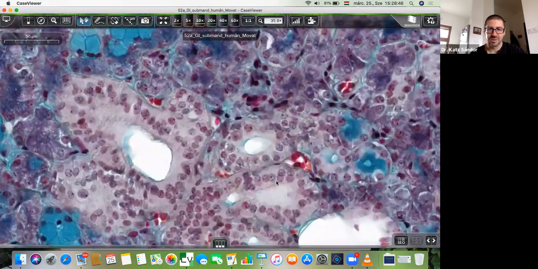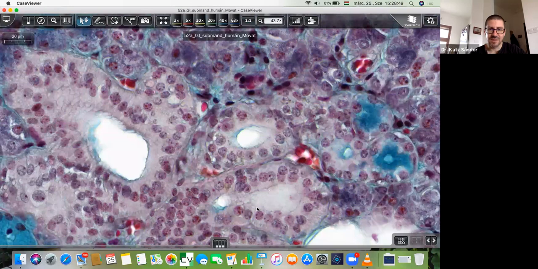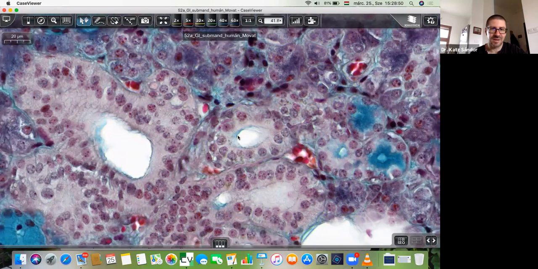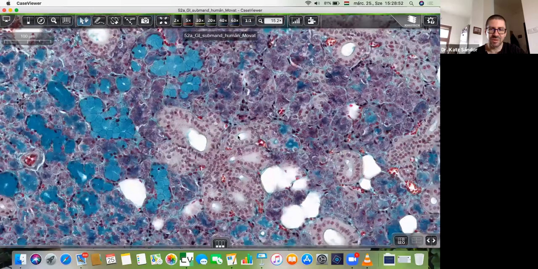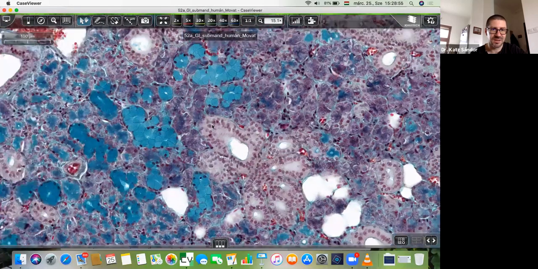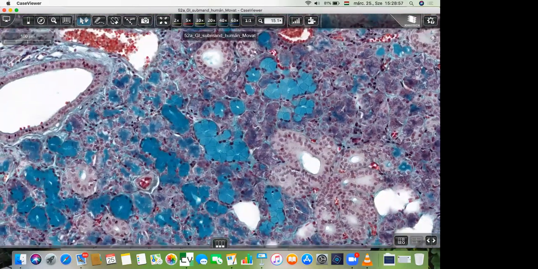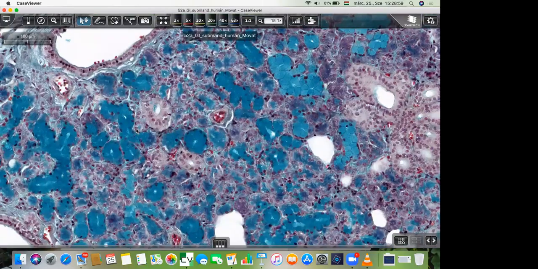So striated ducts are mainly visible; the intercalated ducts are more difficult to find on the Movat staining. Dr. Katz? Yes? Is the small reddish color the plasma cells next to the serous acini?